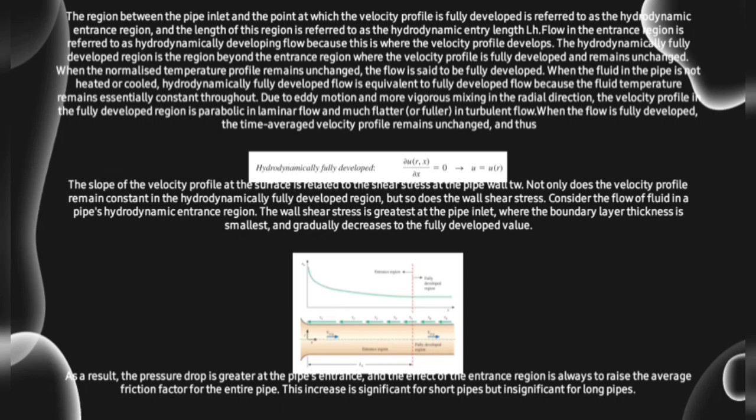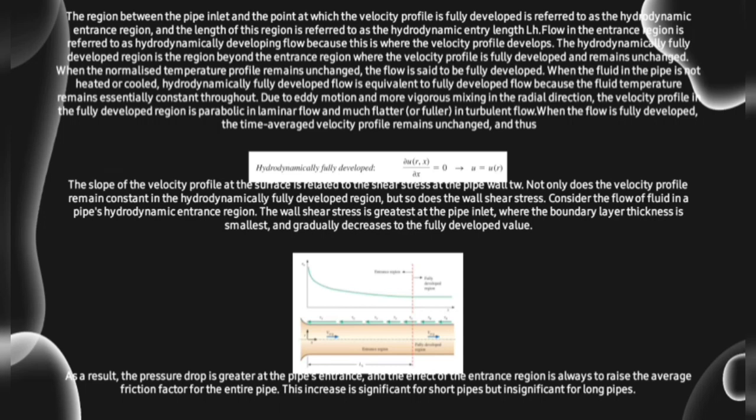When the flow is fully developed, the time-average velocity profile remains unchanged, and thus hydrodynamically fully developed flow is equal to ∂u/∂x = 0. The slope of the velocity profile at the surface is related to the shear stress at the pipe wall, tau.